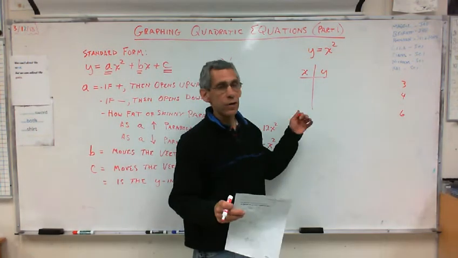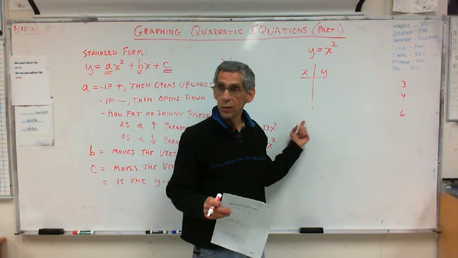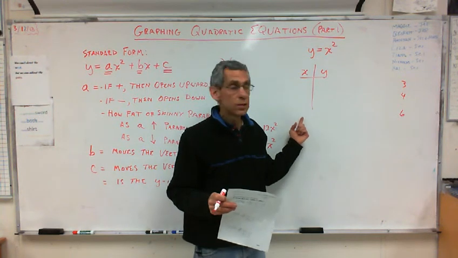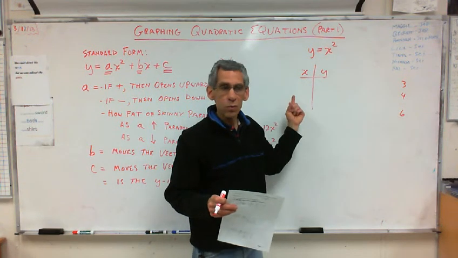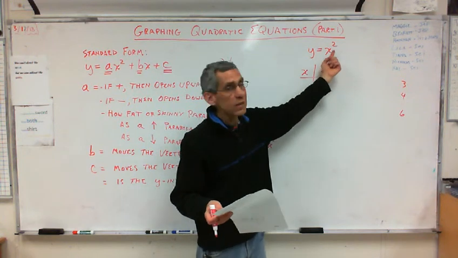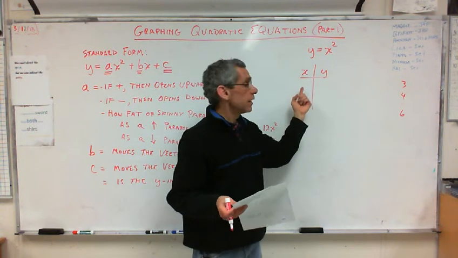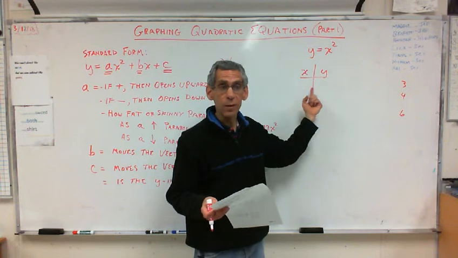So this is kind of important. A lot of people would probably say, let's put 0, 1, and 2, like we used to do with straight lines. The trouble is, look at this squared. 0 squared would be 0. But because it's squared, even when you have a negative value for x, it becomes a positive.